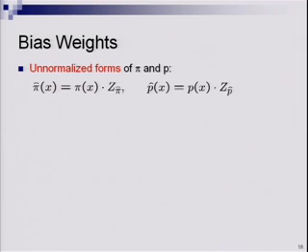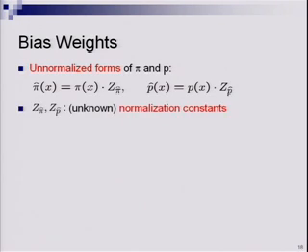An unnormalized form of a distribution is the same as a distribution, but multiplied by some normalization constant, which could be unknown. So pi hat of x is just pi of x times the normalization constant Z pi. And note that it's the same constant for all x. It's independent of x.